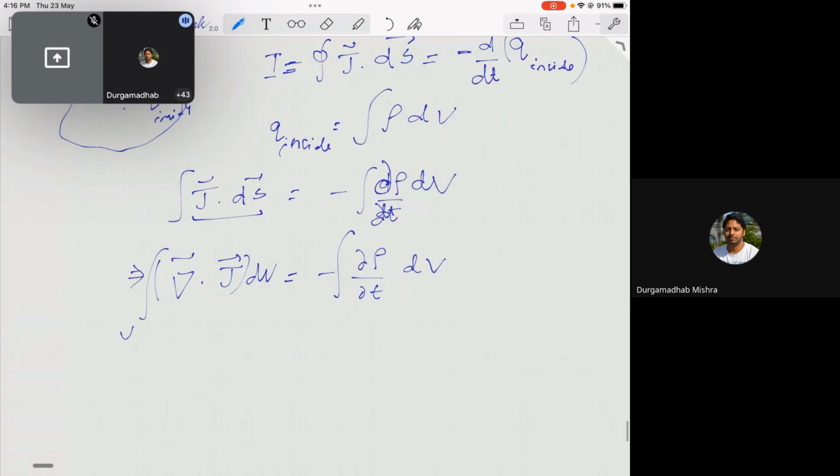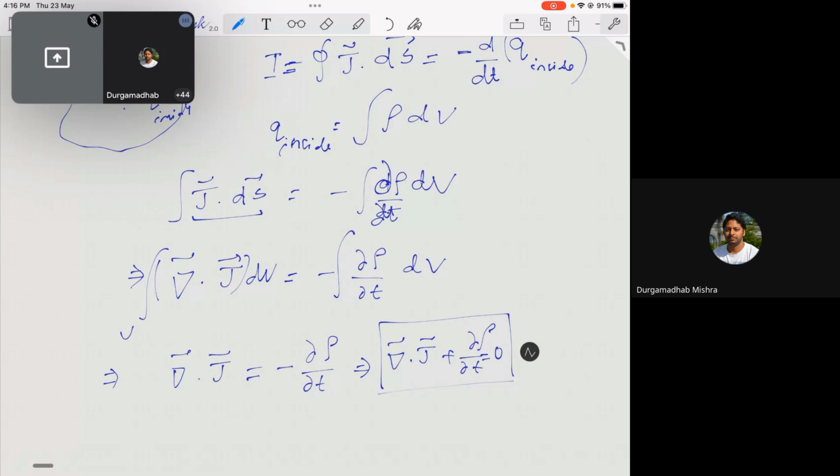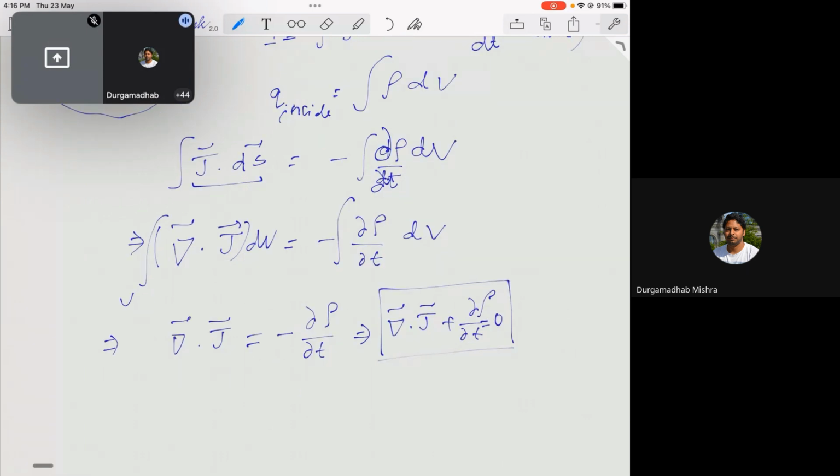That means the integrands are the same. So del dot J will be equal to minus del rho by del t, or I can write del dot J plus del rho by del t equals 0. This is known as the continuity equation.